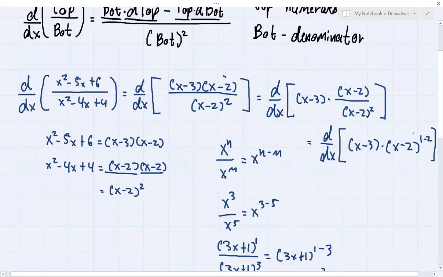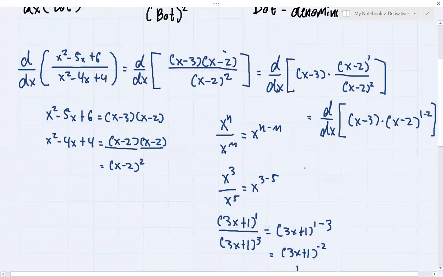Okay? Because the exponent of the binomial on top is 1. So, 1 minus 2 is negative 1.